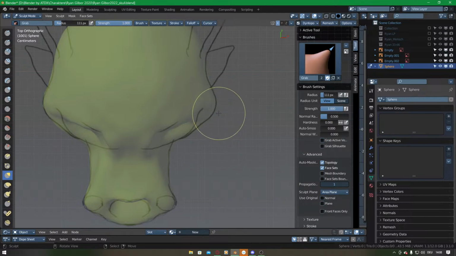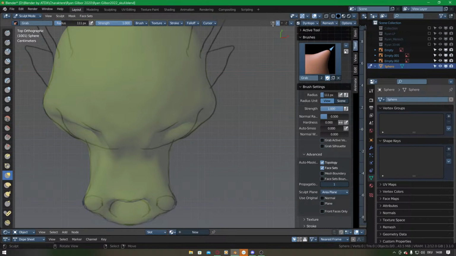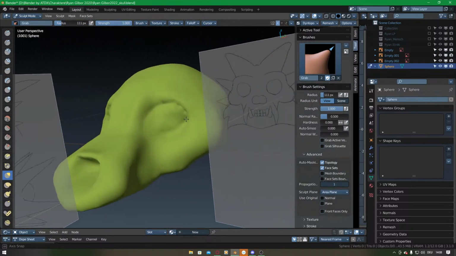Unfortunately, I can't make holes in this. Yeah, that's a little bit of a bummer.